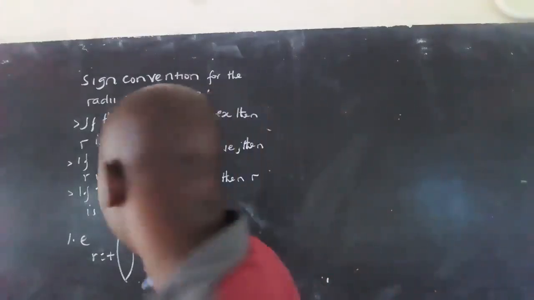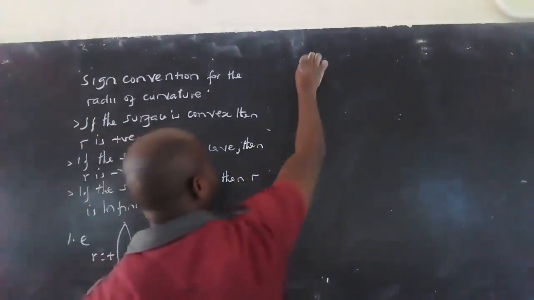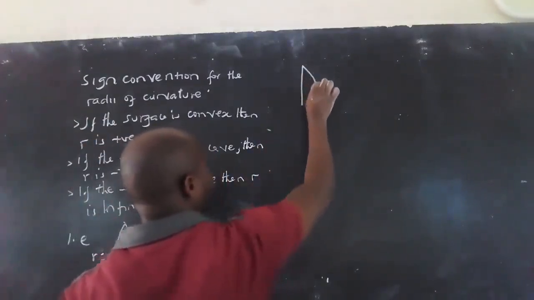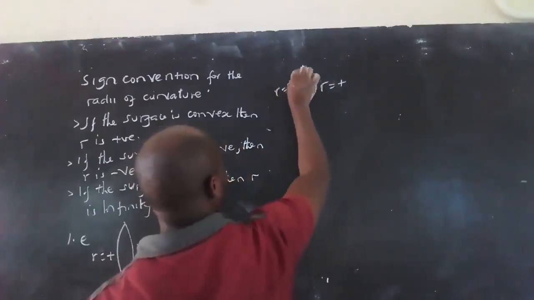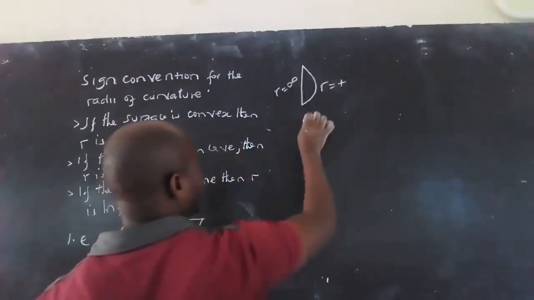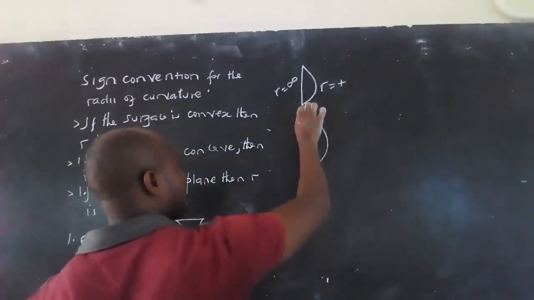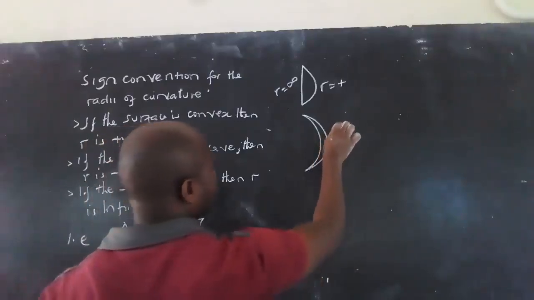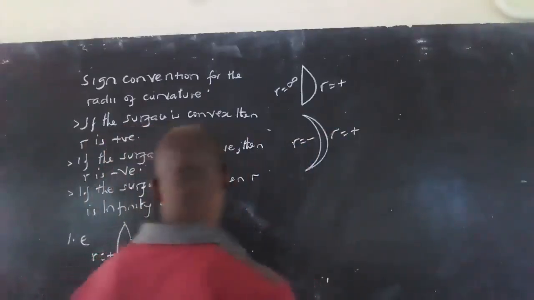Next. Then the other one, if we have this, R is positive, R is equal to infinity. Okay? If I have this, R is positive, R is negative.